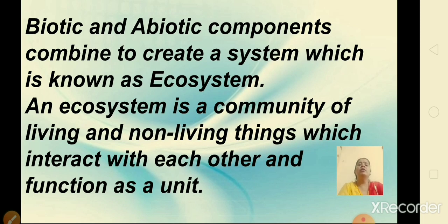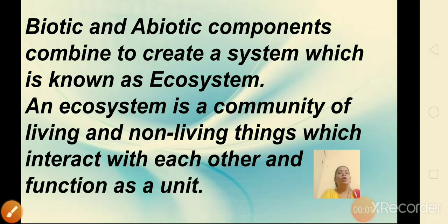Now children, when you step out of the house, what all do you see? You see your school, your surroundings, right? You see living things like people, birds, plants and insects, and you also see non-living things like soil, rocks, concrete roads, buildings, etc., isn't it?